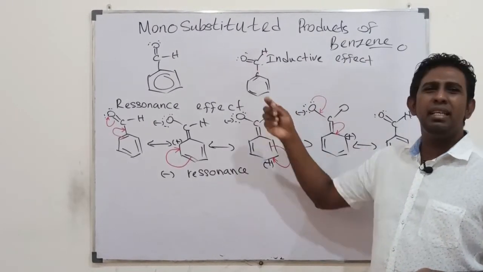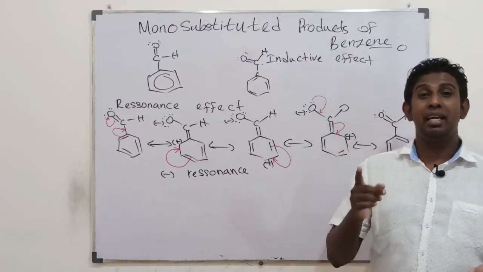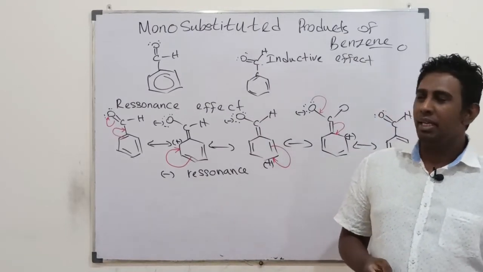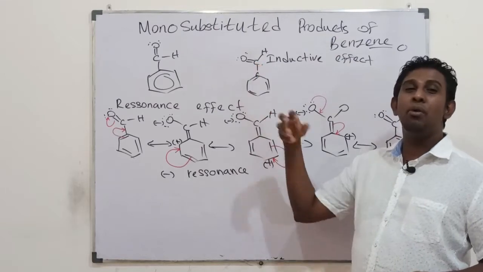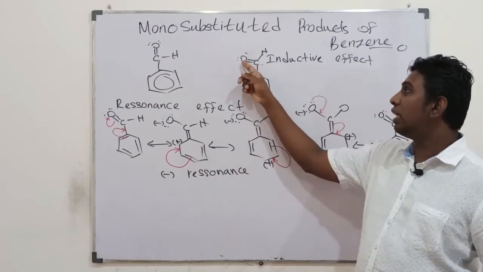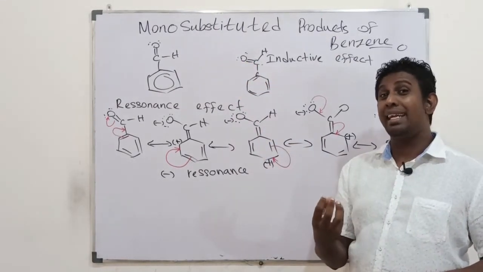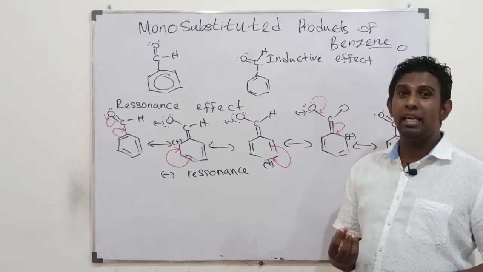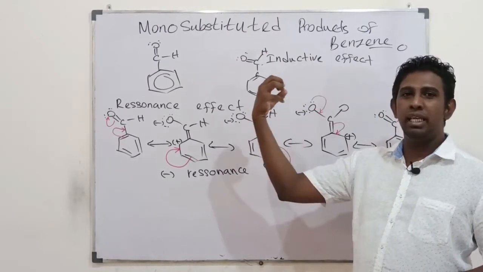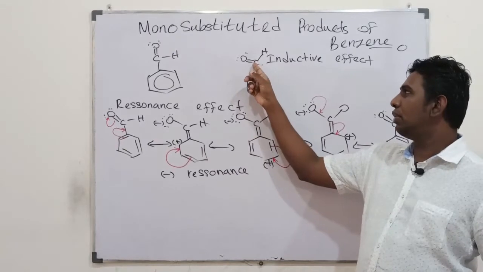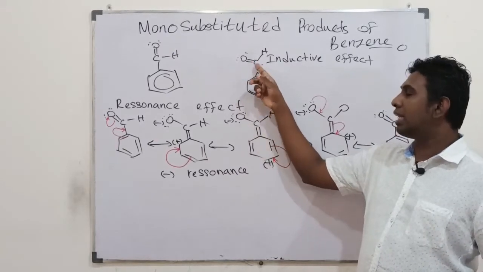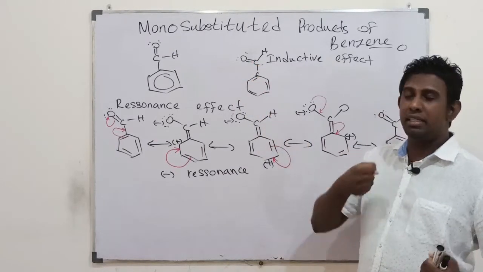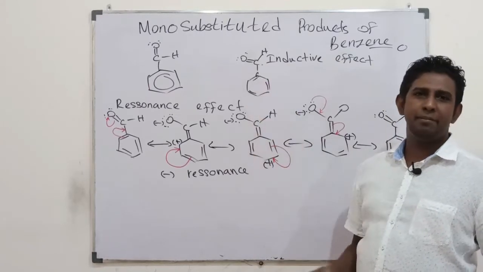Then students, regarding this sigma bond, both carbons are equally electronegative, but this carbon is slightly more electronegative for the reason it has got this oxygen atom attached to it. It is highly electronegative. Therefore, it draws the electron density, making this carbon positive.